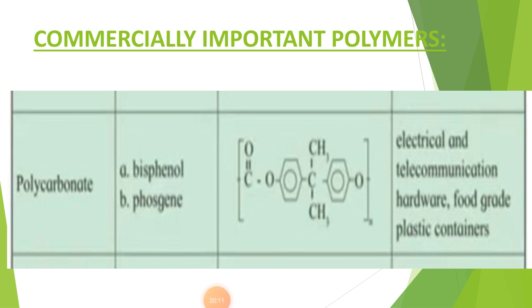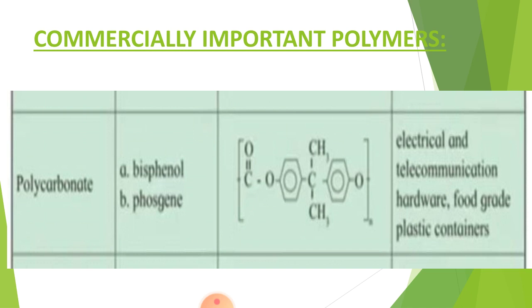So here student, we have studied 8 commercially important polymers. First one is your Perspex, acrylic glass. We have used the monomer methyl methacrylate. It has been applied in lenses, paint, security barriers, LCD screens, shatter resistant glass.